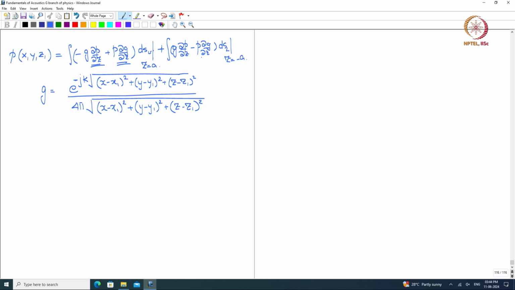So I'll simplify the look of this thing. I will write g as e to the power minus jk square root of c squared plus (z minus z1) whole squared, by 4 pi square root of c squared plus (z minus z1) whole squared.